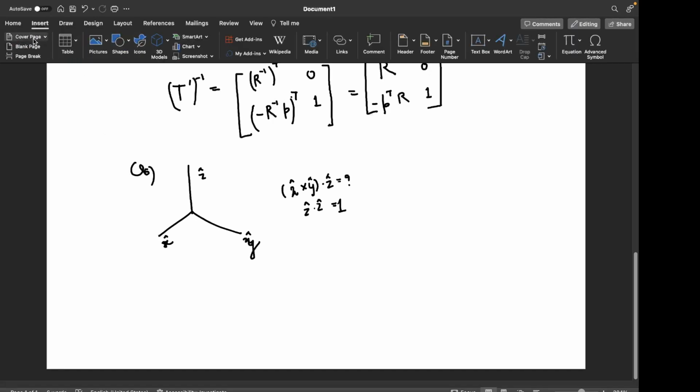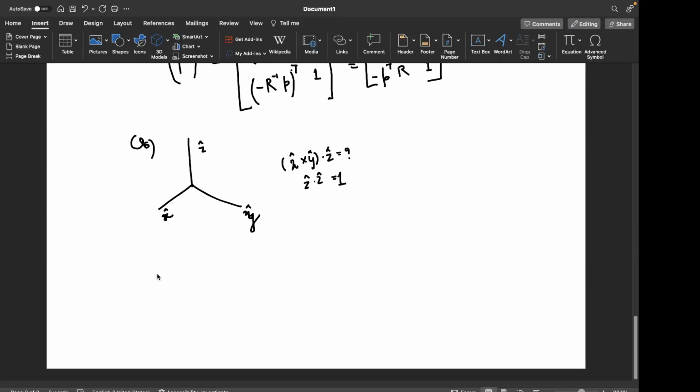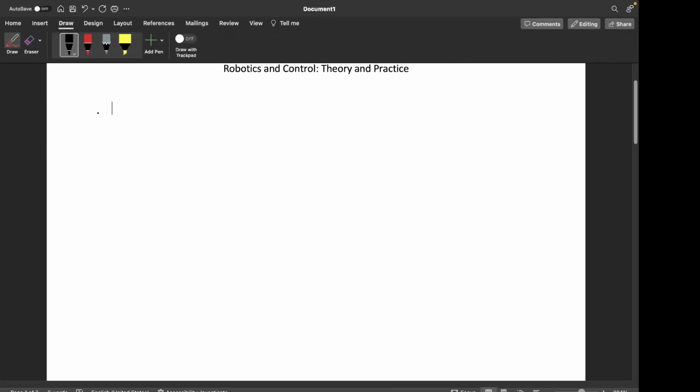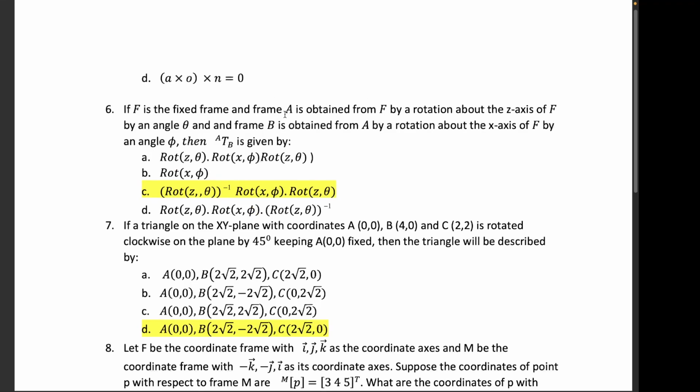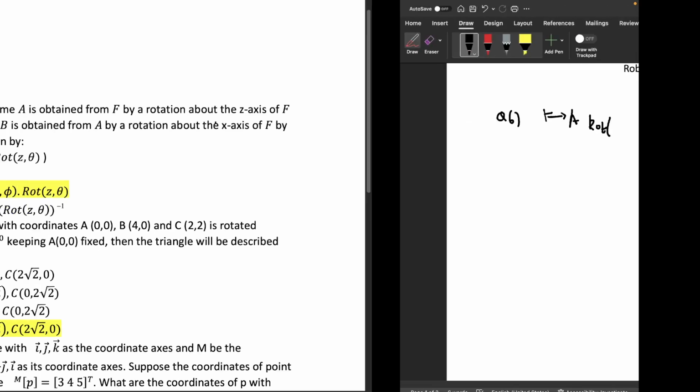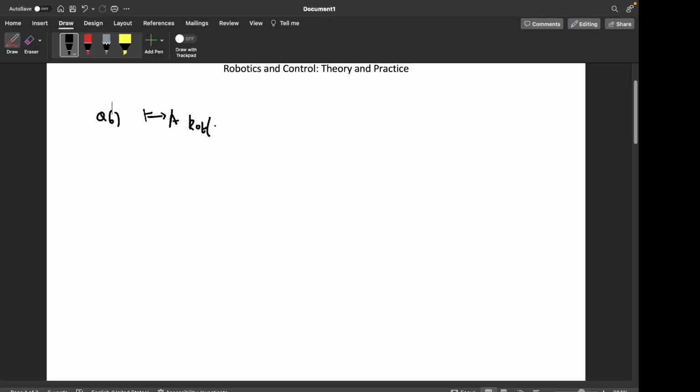Let me add a new page. Question 6: we have frame F and then we are creating frame A. So let's denote frame F and the transformation to frame A, and this is by rotation about the z-axis by an angle theta.